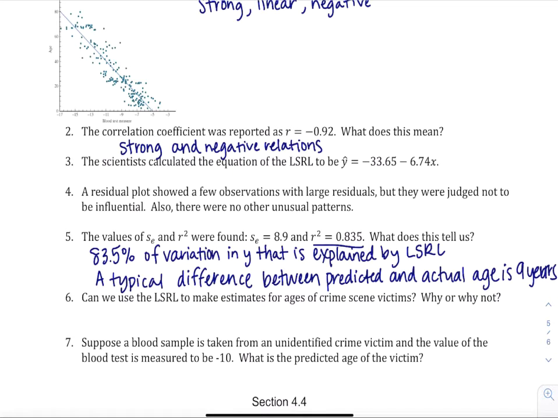Now, 9 years is somewhat of a large value, but it still would get you narrowed down to an approximate decade of age, which is not too bad. So for question 6, I would say that this is a relatively small standard deviation and a large R squared. And so the least squares regression line is useful for predictions.